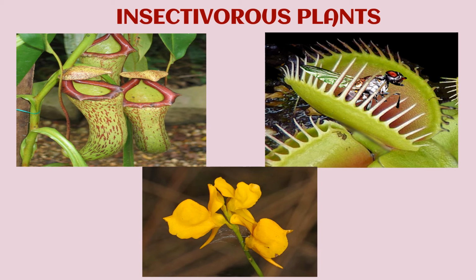Students, once insects get trapped inside these structures, they cannot come out. Instead, after closing their opening, they start secreting digestive juices which help them to digest these insects and fulfill their nutritive values.